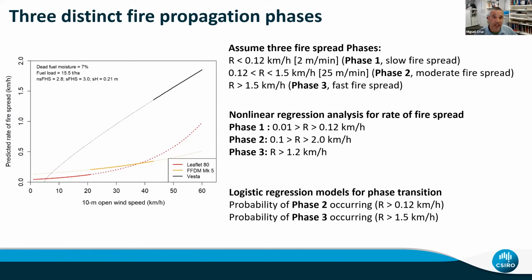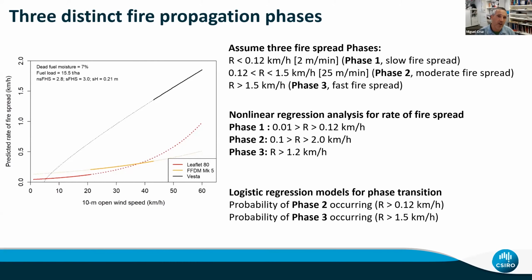And then a third phase, where fires are spreading at more than 1.5 kilometers per hour. So for this kind of analysis, we need to partition our data set into the 3 phases and use the data within each phase to model rate of spread within each phase. And that's the threshold or rate of spread we use to model fire spread in each phase.